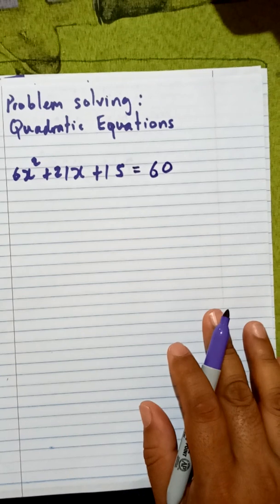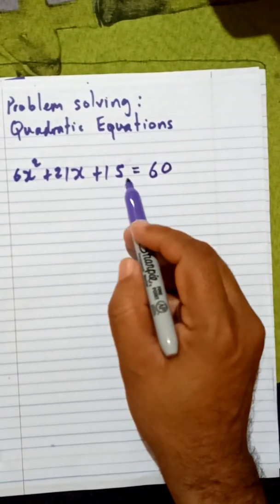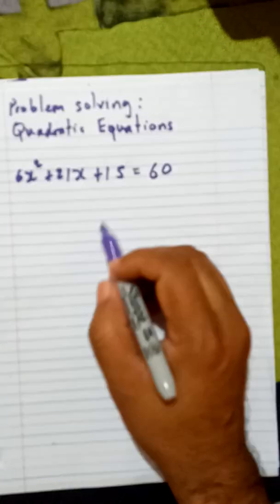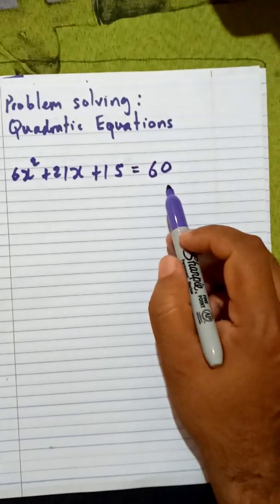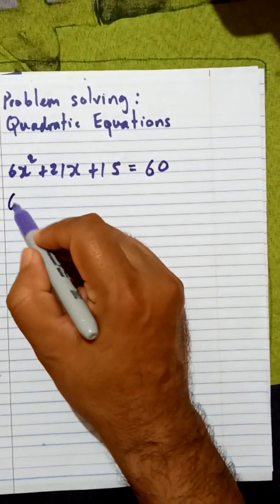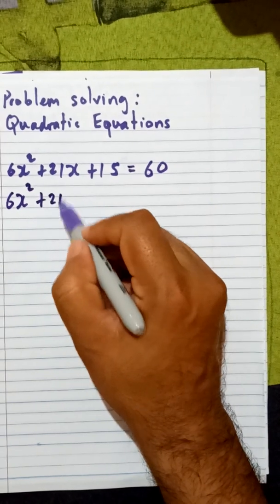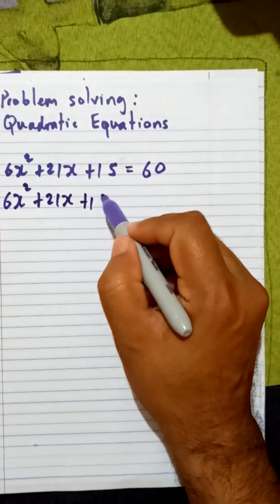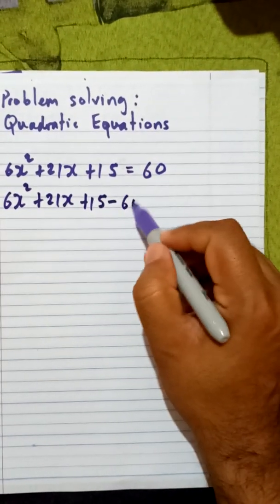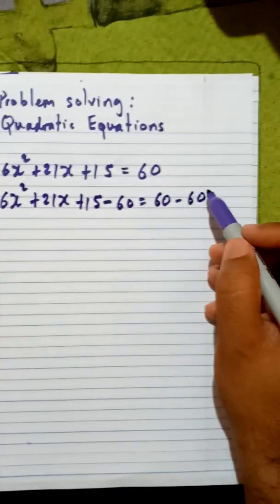So we're going to bring over the 60 to the left hand side of the equation, and to do that we're going to subtract 60 from both sides. So we have 6x squared plus 21x plus 15, take away 60, equals 60, take away 60.